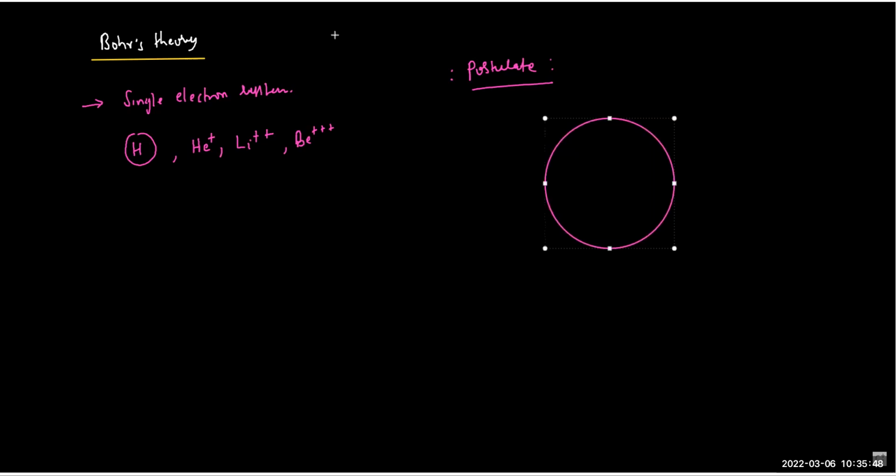What Bohr said is that the nucleus is at the center, containing all the mass and acting as a center, and he assumed planetary motion of the electron around the nucleus in a circular path. This circle is the postulate part.